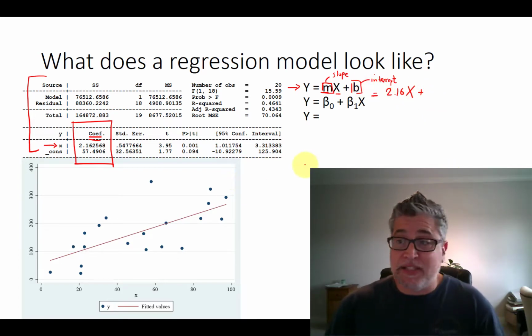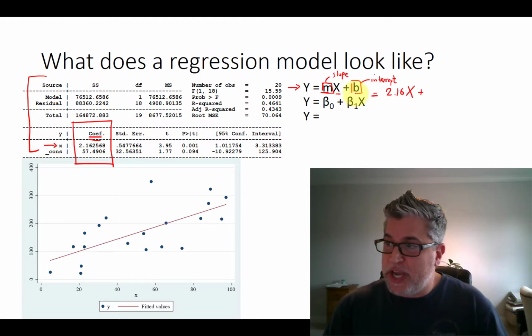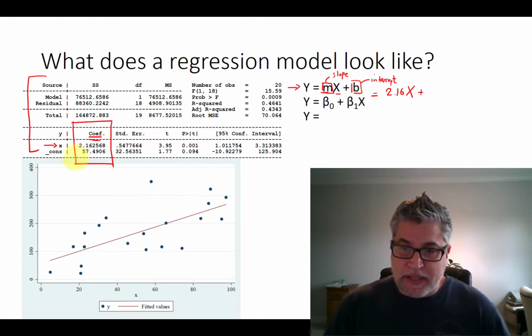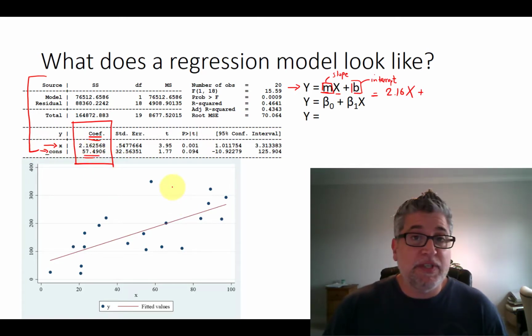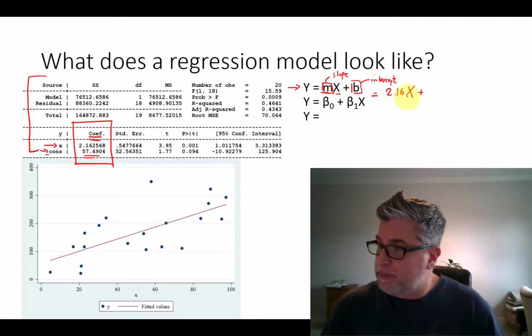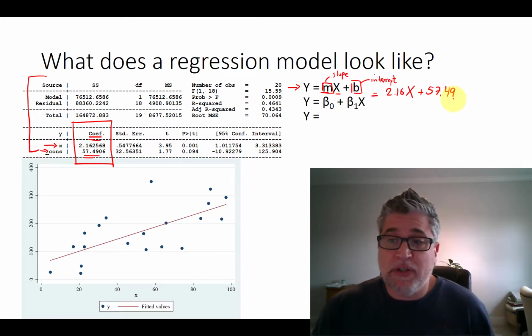An intercept is a constant, right? It's just a number. It doesn't change. It doesn't vary. And so that's right here where you see constant. The coefficient attached to the constant is, in our case, 57.49. That's it. That's our equation of the line.